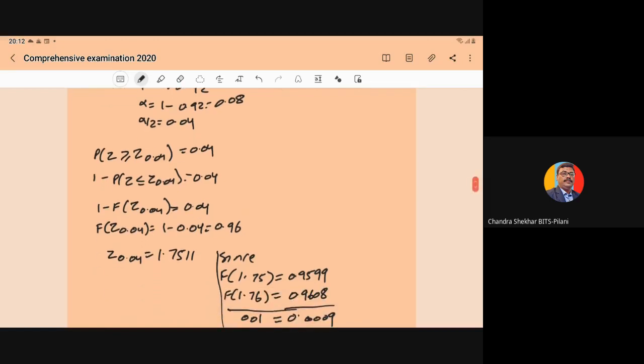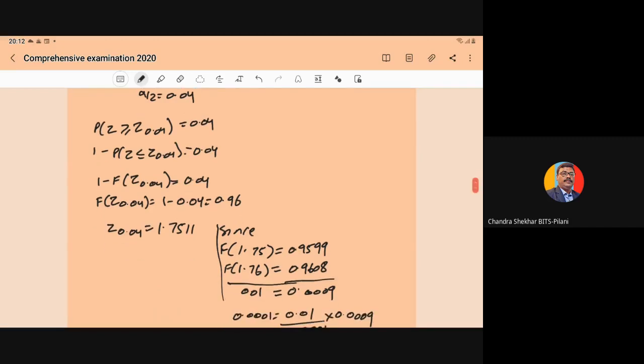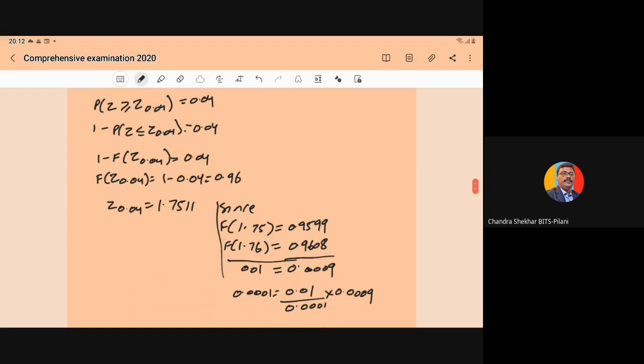And this is the CDF of the standard normal distribution, so 1 minus F of z of 0.04 is equal to 0.04. So F of z of 0.04 is equal to 0.96. Its value from the table using interpolation will be 1.7511.